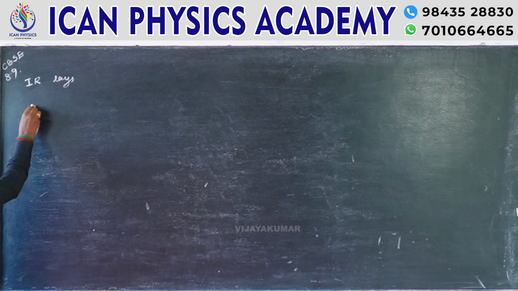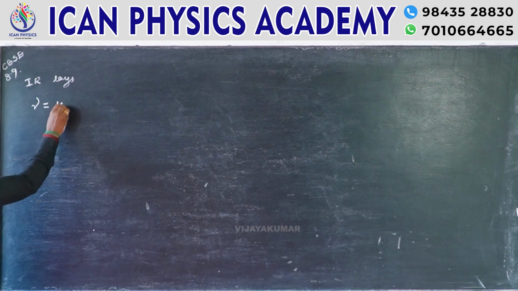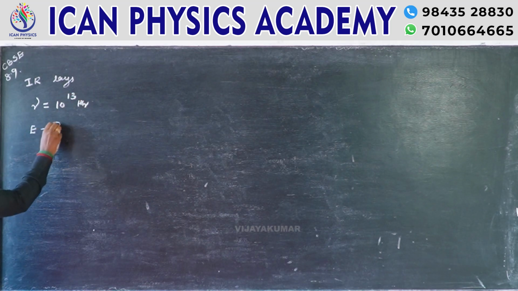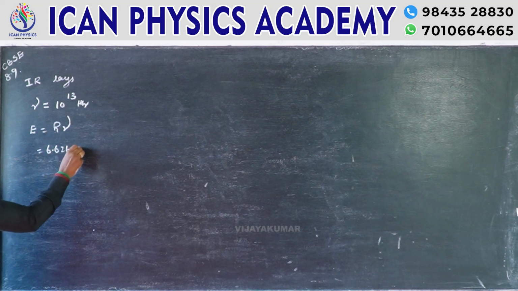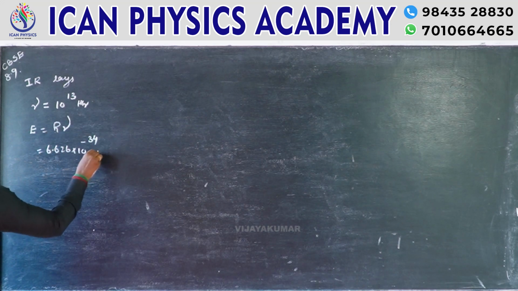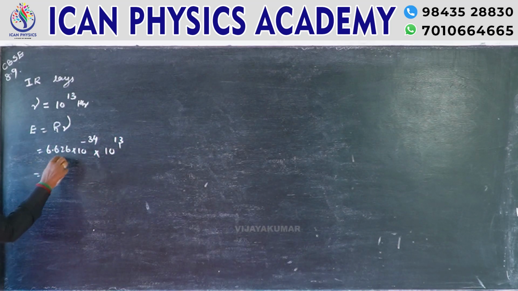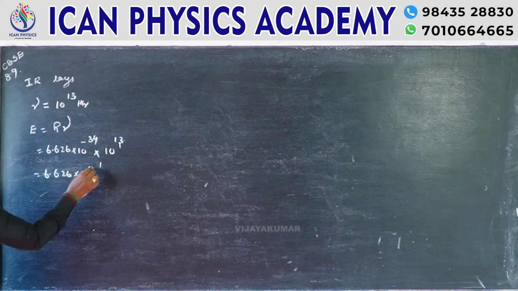So the next one is IR rays. So the frequency of IR rays is 10 to the power 13 hertz. So E equal to h mu. So what is the value of h? 6.626 into 10 to the power minus 34 into frequency 10 to the power plus 13. So minus 34 plus 13, that is minus 21.